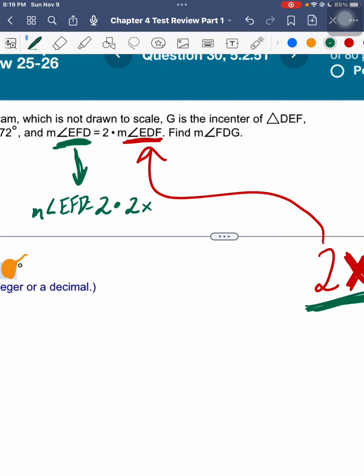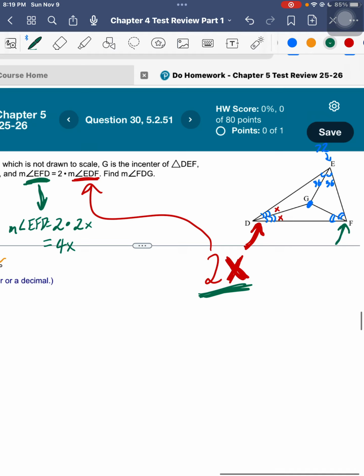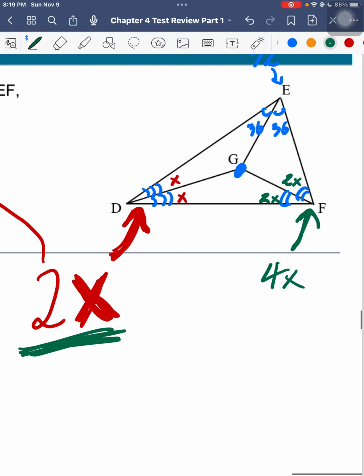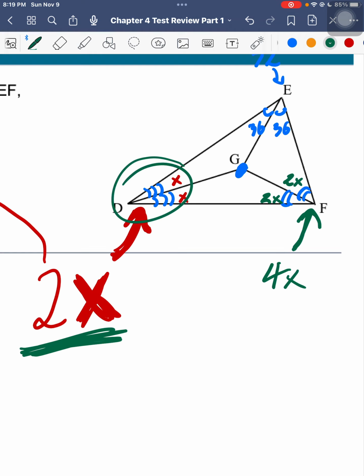So what is 2 times 2x? Well, that is 4x. So now, if this whole EFD is 4x, then what is each angle that was bisected? Well, what is 4x divided by 2? 2x and 2x.